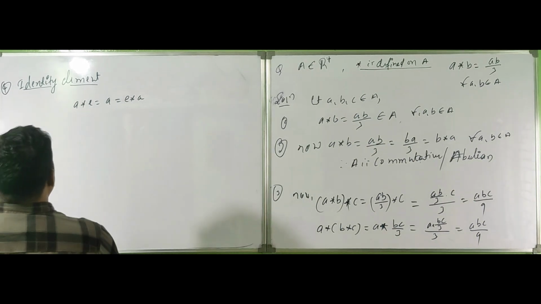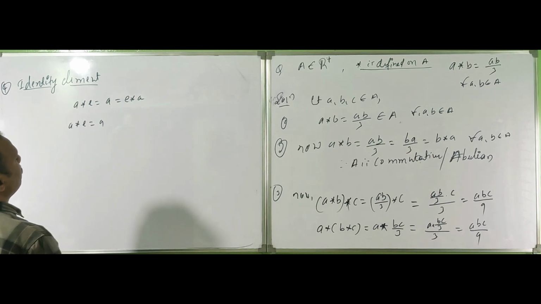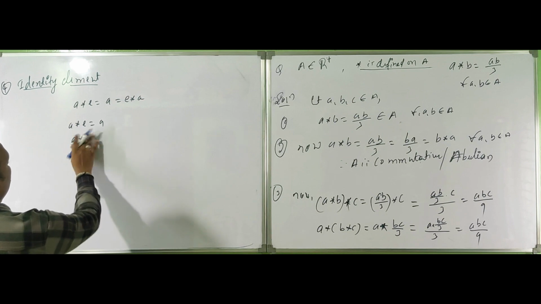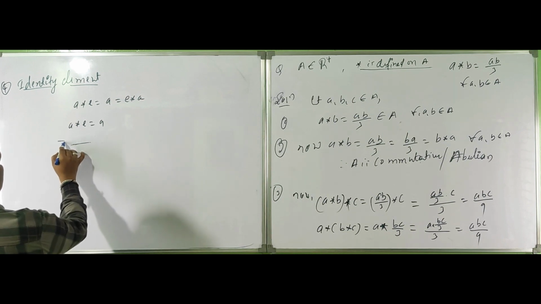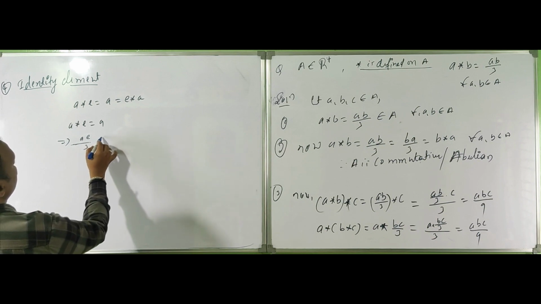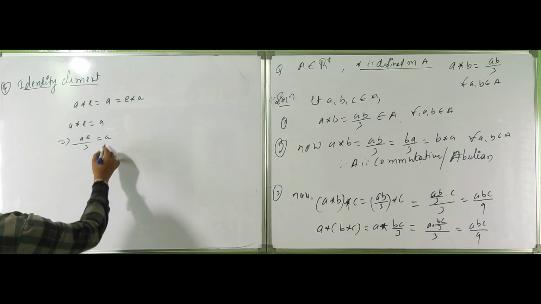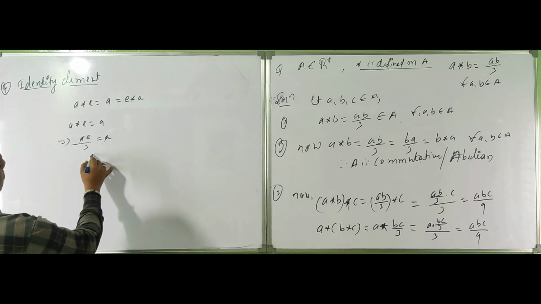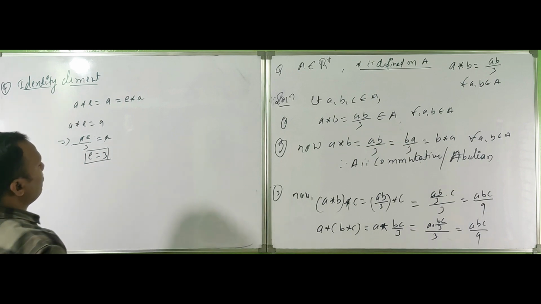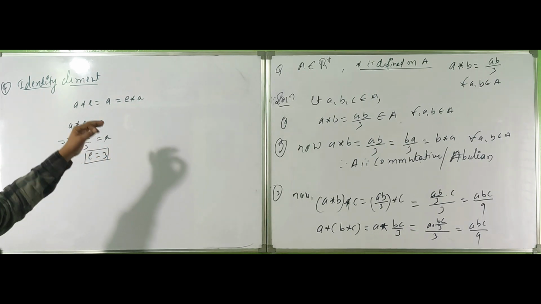If I do the operation A star E, I should get A only. So A star E implies AE by 3 is equal to A. Just A gets cancelled, E by 3 becomes 3, so E is 3. This is only for calculation purposes. In the exam you can take only 3.